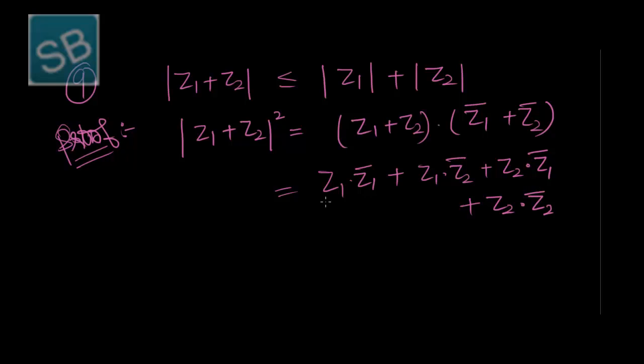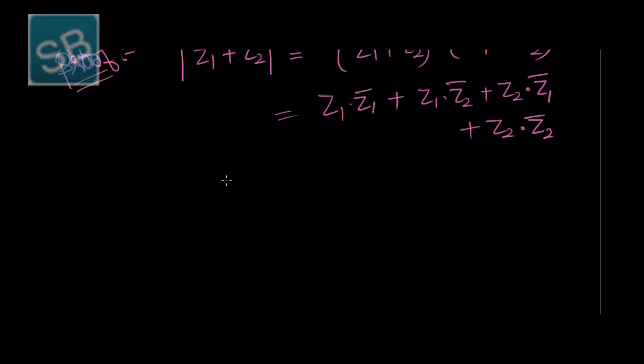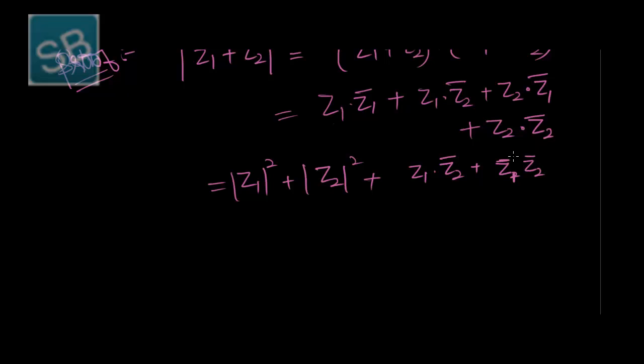Here we can see that z into z bar is equal to mod z square, so we use this property in this step: mod z1 square plus mod z2 square comes out from this. Also, if this is a complex number, then what about its conjugate? Its conjugate is the conjugate on this and the conjugate on this.